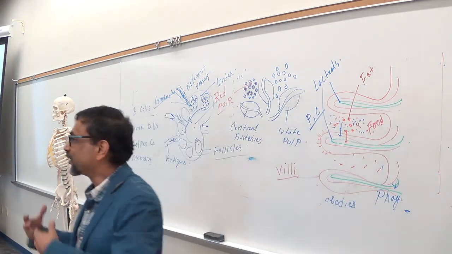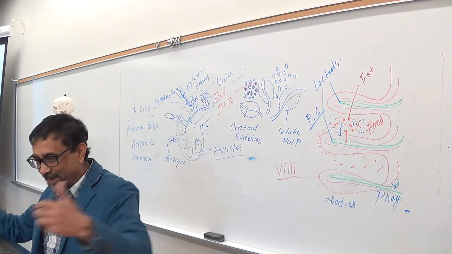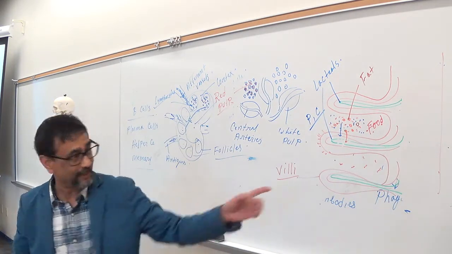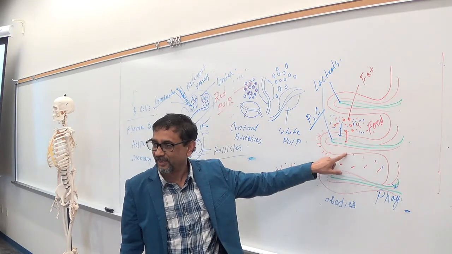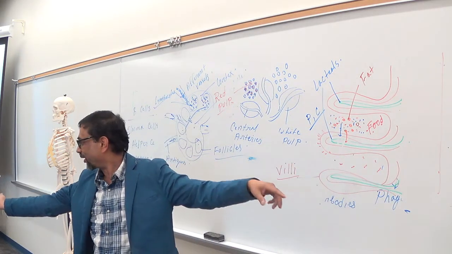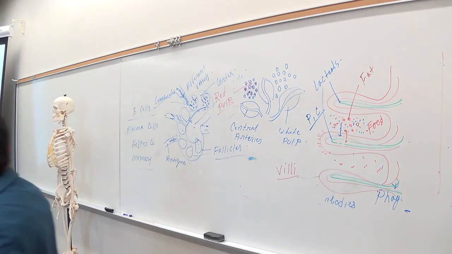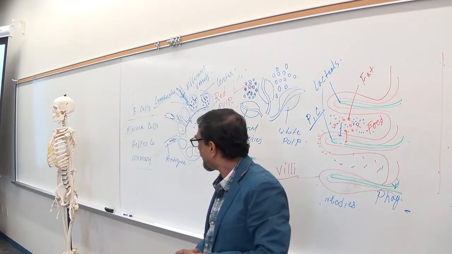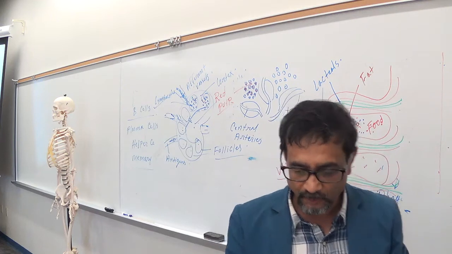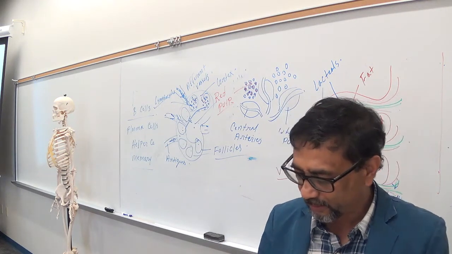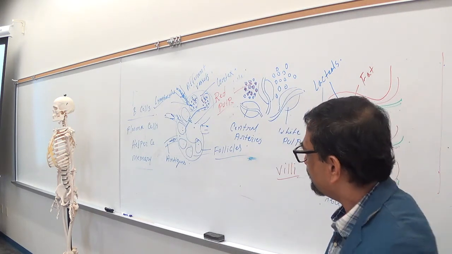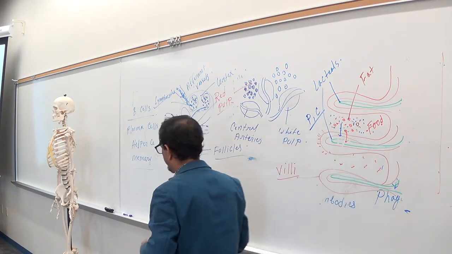So the lymph is going to the blood. That means the fat molecules entering here into the lymphatic capillaries will eventually enter into the blood. Makes sense? Will get mixed with the blood. So it is not a problem. Okay? So fat absorption is the function of the lacteals.